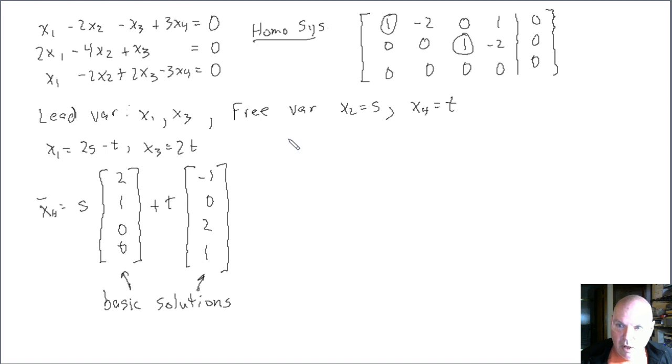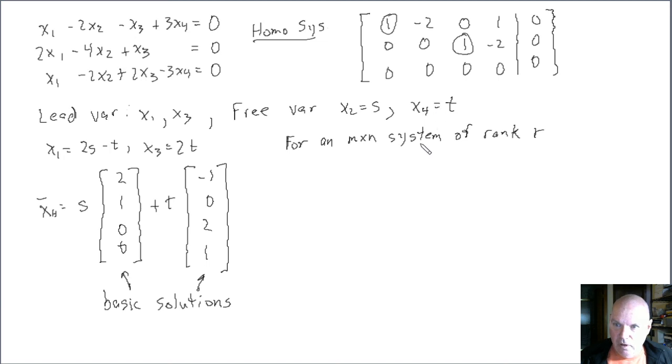Okay. But for an m by n system of rank R, and remember rank is the number of leading variables, so this would be a 3 by 4 system, 3 rows, 3 equations, 4 unknowns, and from the reduced row echelon form we can see that it's of rank 2.